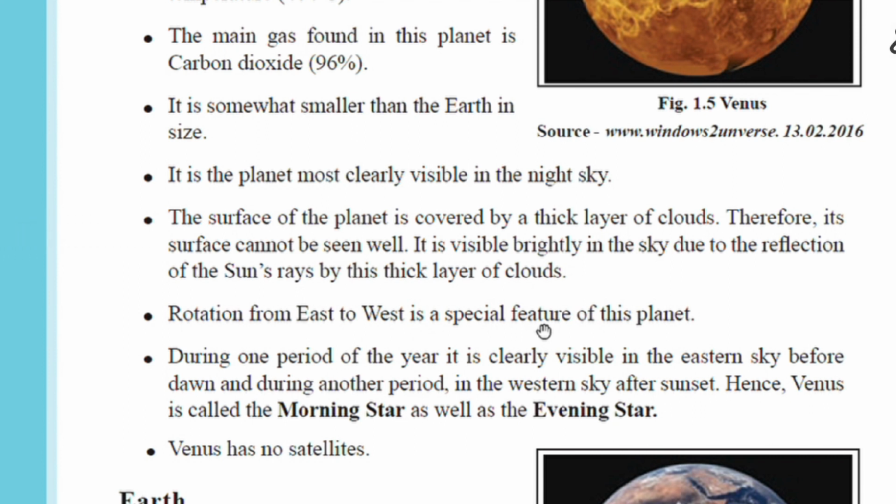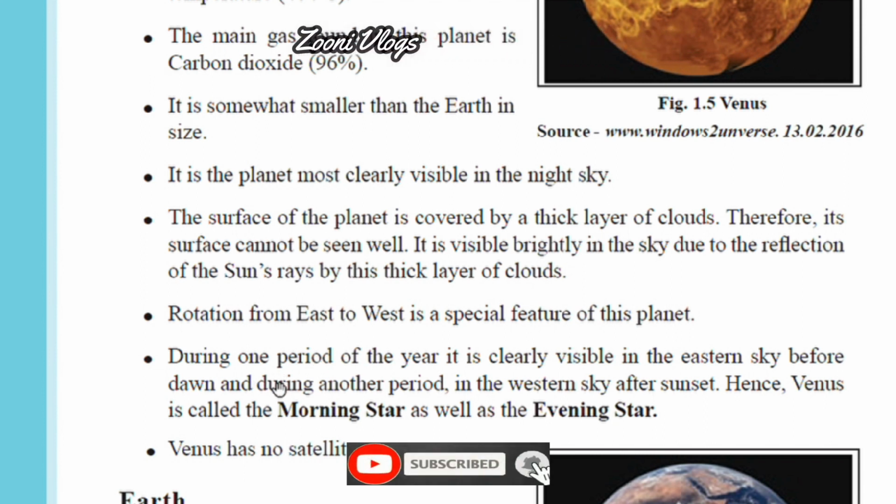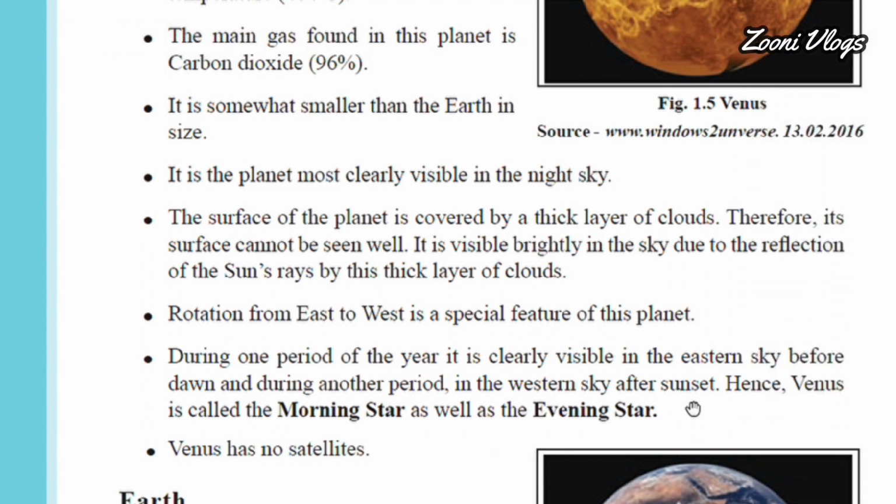A special feature of this planet: during one period of the year, it's clearly visible in the eastern sky before dawn, and during another period in the western sky after sunset. Hence, Venus is called the morning star as well as the evening star.